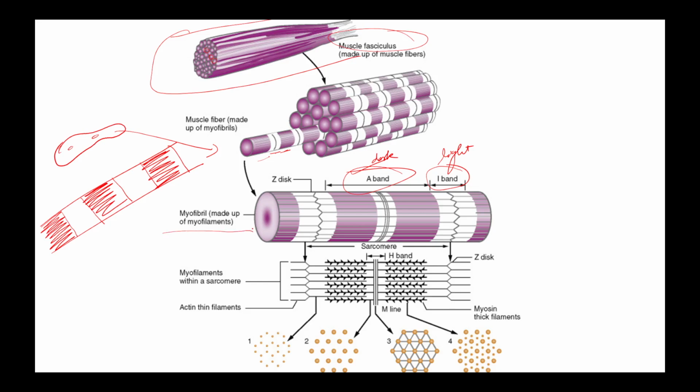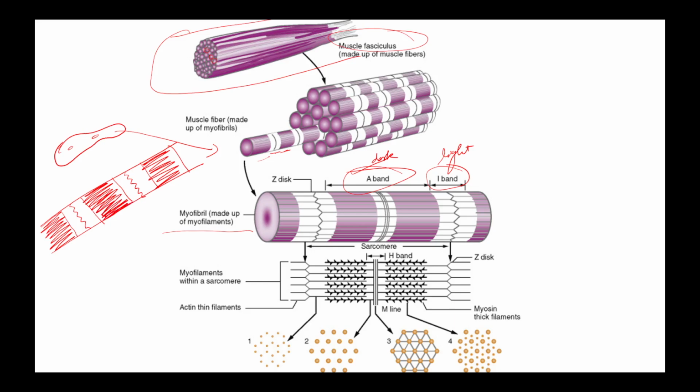So in this myofilament, we have now seen the A band and I band. When looked at closely, you can find a zigzag line present in between the I band. Here, if I draw, they found a zigzag line in the I band.